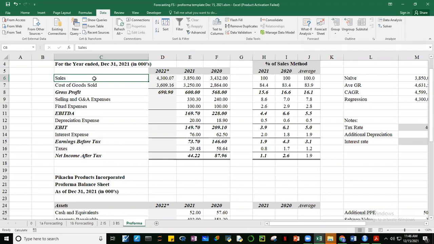So medyo mixed tayo dyan. May portion na siguro related to sales, may portion na hindi. But for our purposes, guys, we'll just assume that this is related to sales. Okay, so we're going to use this 7.8 average.